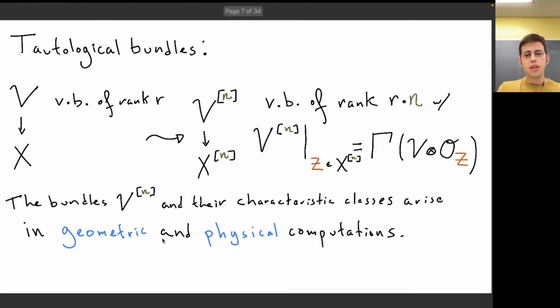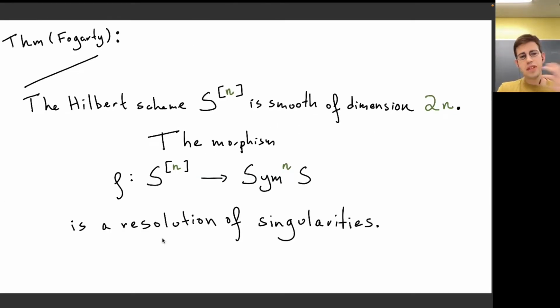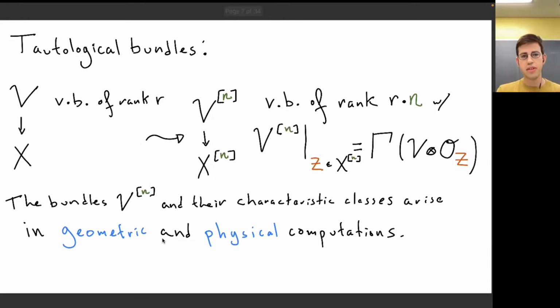And so now that we have these Hilbert schemes, I want some kind of way to understand their geometry. And with any moduli space, one nice way to try to probe the geometry is to understand certain natural bundles that the moduli spaces carry and characteristic classes thereof. And so the bundles that we'll look at today are called tautological bundles.